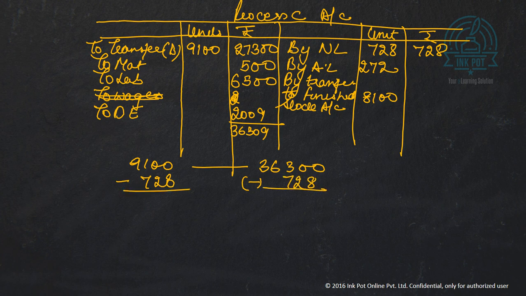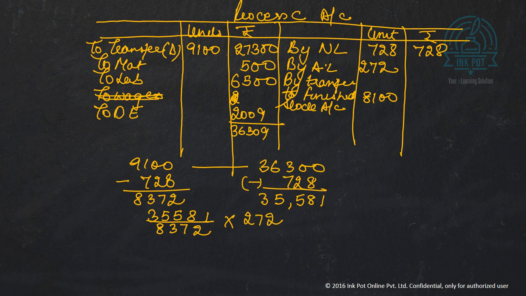You will get 8372 units, and the value is 35581. 35581 divided by 8372 is the cost per good unit. So the value of 272 units will now be 1156.